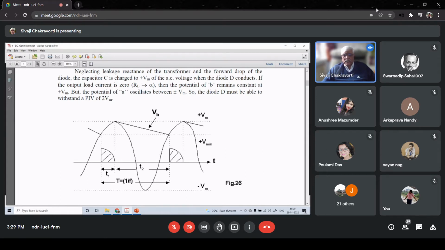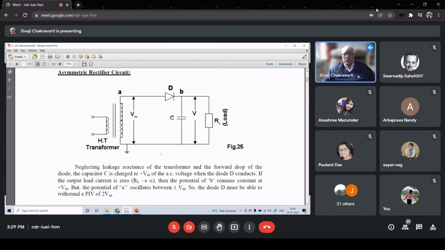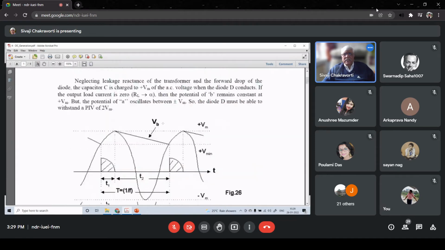So the diode D will conduct not for the entire half cycle, but for a specific angular duration, depending on, of course, the value of C and the value of the load resistance, because that determines the time constant of discharge.